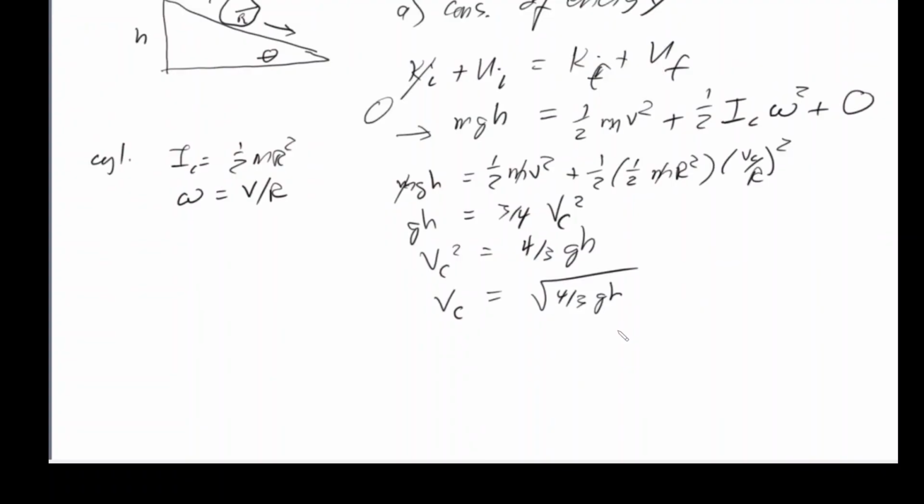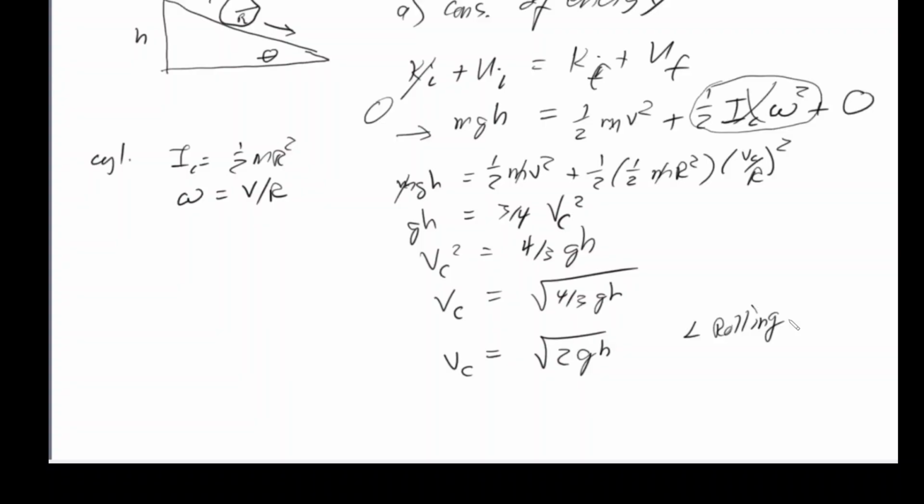If it was sliding down the ramp and not rotating, then the kinetic energy due to the rotation would be 0, and our v of the center of mass, going through the same calculation, would be the square root of 2gh, which is greater than the rolling velocity.